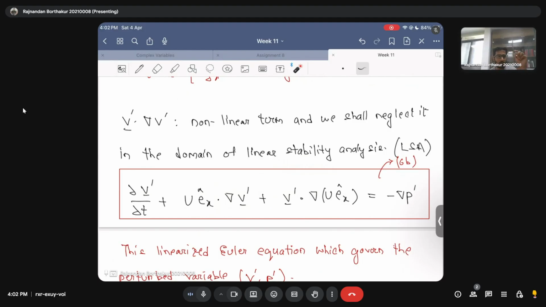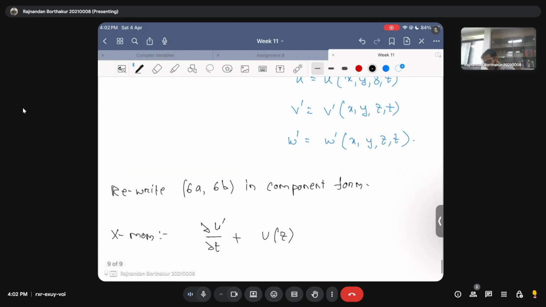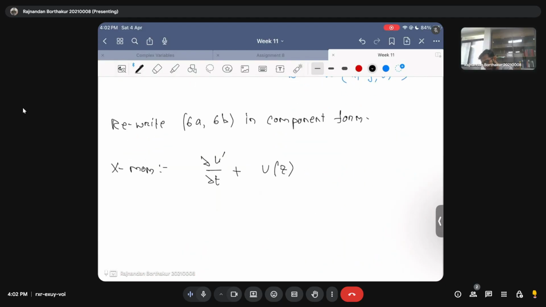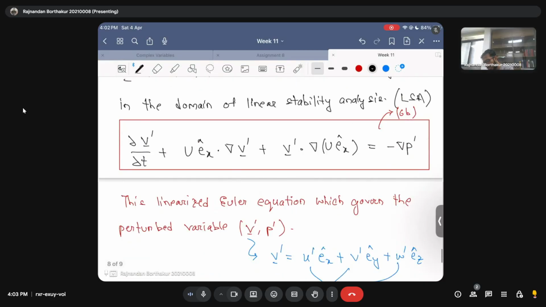All other terms, that is ey and ez, those dot products will turn out to be 0, and we'll simply have u, which is a function of z, times del u prime by del x. The other term is gradient of u dot ex. This will have a non-zero gradient only in the z direction, because u is just a function of z.